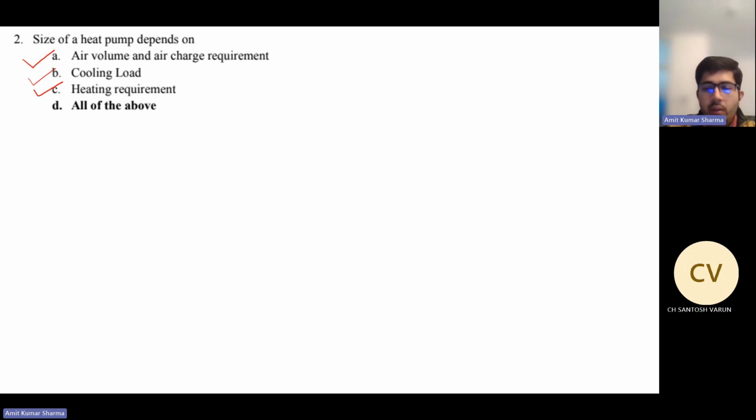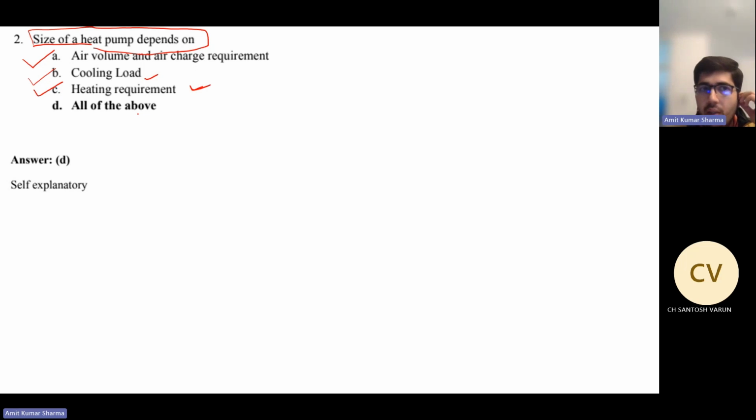Correct. So the correct answer is option D, because the size of the heat pump depends on the size of your requirement, like heating requirement and cooling requirement. If the heating requirement is more, we have to flow more air also.